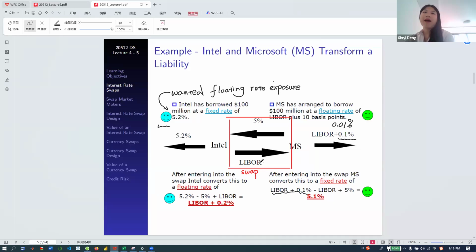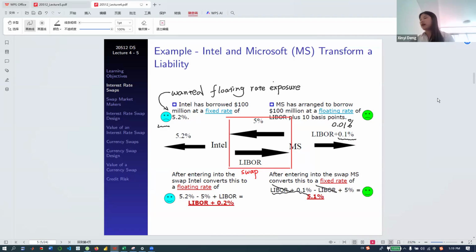And then we are minusing the LIBOR because they are receiving the LIBOR from the swap. And then we add this 5% because according to the swap, they have to pay 5% to Intel. Now, those two LIBORs are going to cancel each other out, and the effective rate of Microsoft now becomes fixed, and it becomes 5.1%. Now both parties become happy because they get the rate exposure they desired.